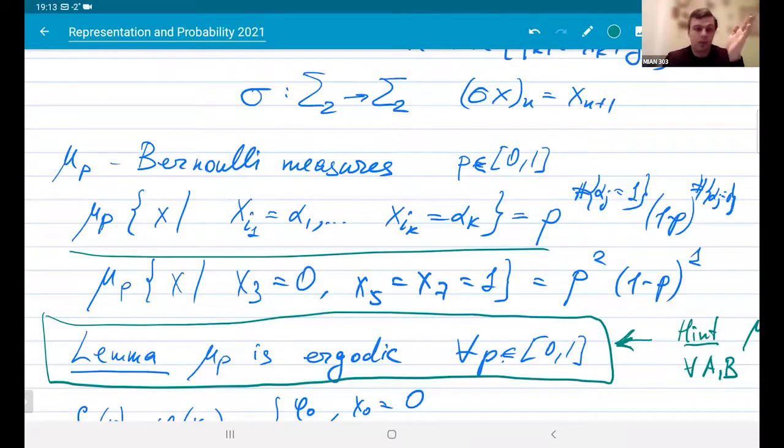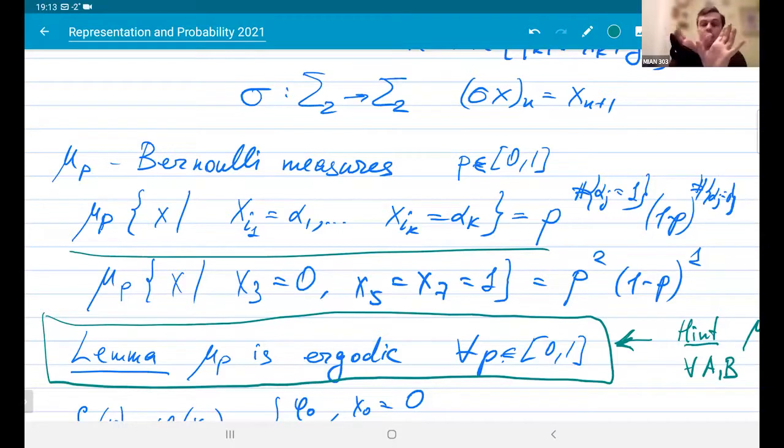Maybe a union of finitely many of them, so that the symmetric difference of the rest has a small measure. And then you just have to prove mixing for such A and B.